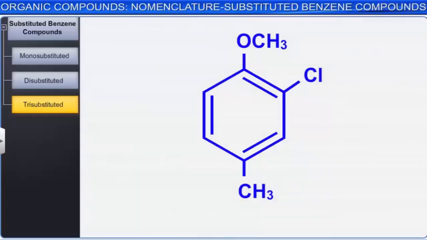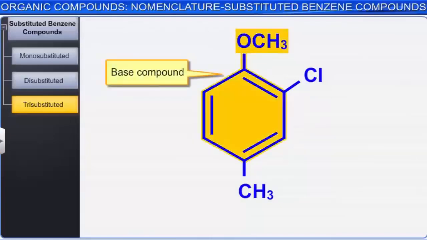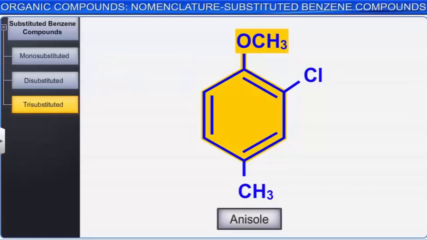In certain cases, the common name of the benzene derivative is taken as the base compound. Thus, anisole is a base compound in the following structure. The numbering of the carbon atom starts from the carbon bearing substituent of the base compound.